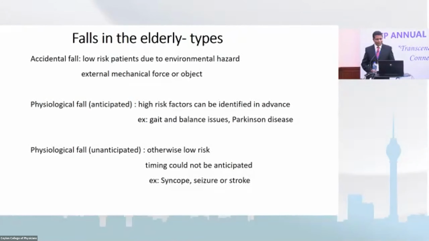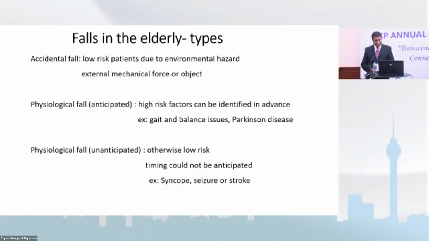But when we talk about elderly, we are talking about a lot of physiological things. So what are the physiological? It is the patient with some identified risk factors. So an elderly patient with Parkinson's disease has high risk factors for falls, and those falls can be anticipated.